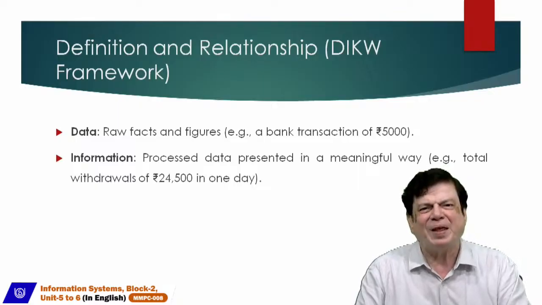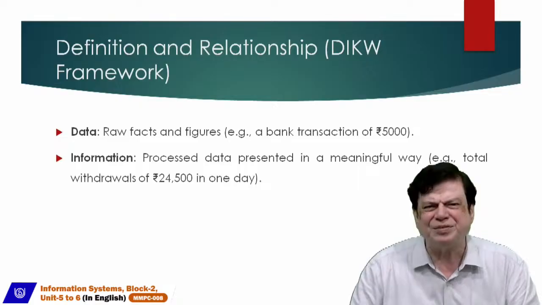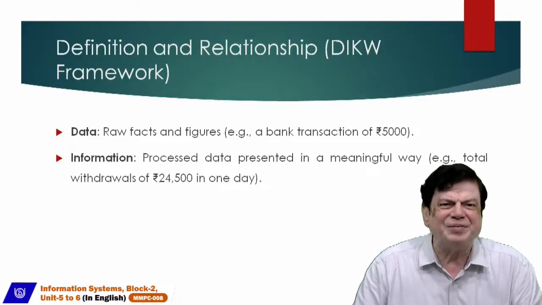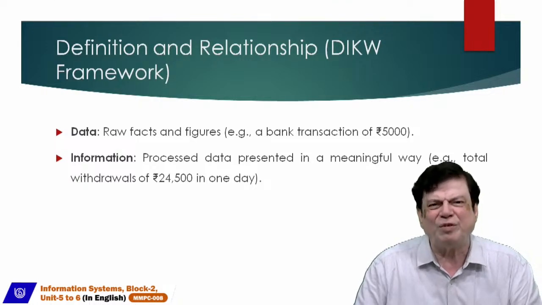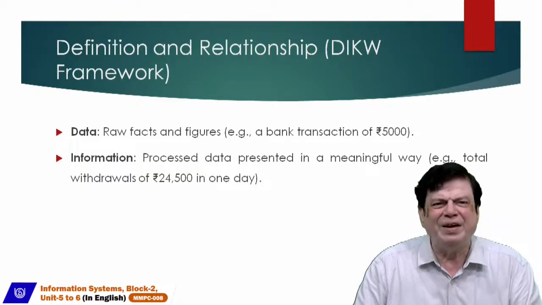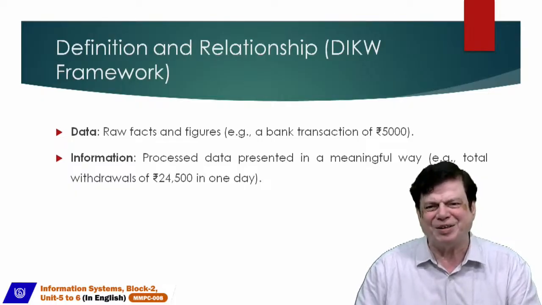First, in raw data, a transaction of 5,000 is noticed, and then all such transactions are added and now it becomes information.